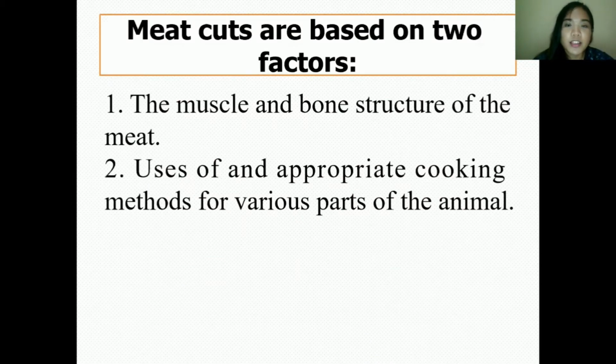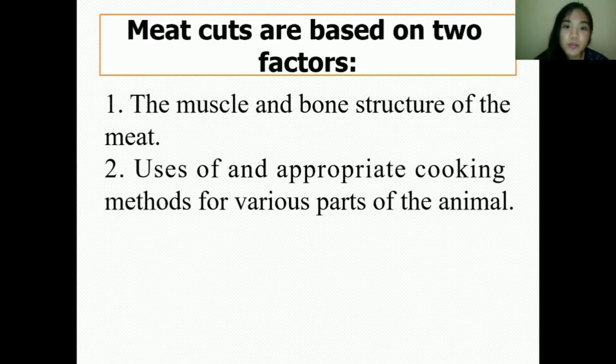So, the key to understanding the different cuts of meat is knowing where the animal is from, where a certain piece of meat comes from, and understanding the different muscles and what they are used for in the body.